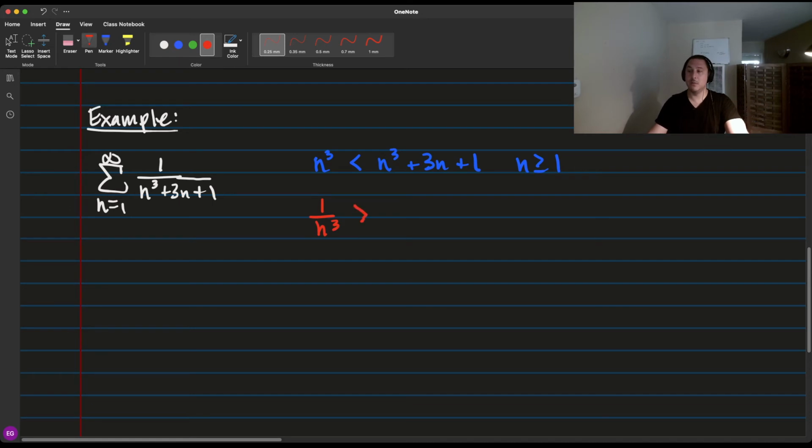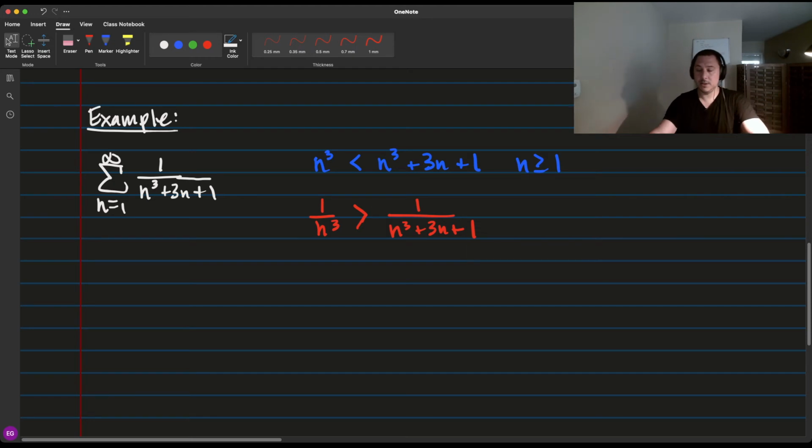So 1 over n cubed is greater than 1 over n cubed plus 3n plus 1. I'm going to call the 1 over n cubed my an, and it is greater than or equal to my bn.